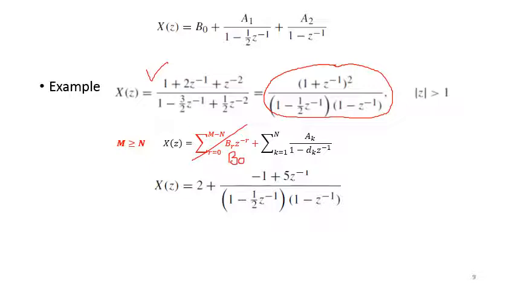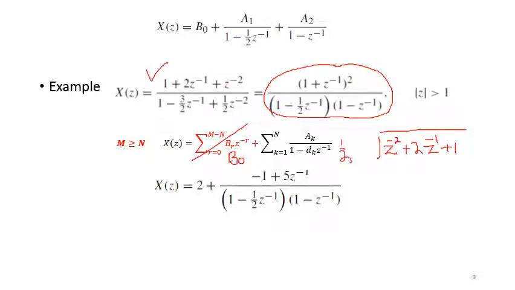So we have z squared, which is the lowest, plus 2 z power minus 1, plus 1, and if I divide it by this one, again in ascending powers of z, it will be 1/2.